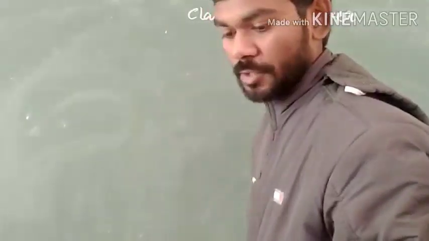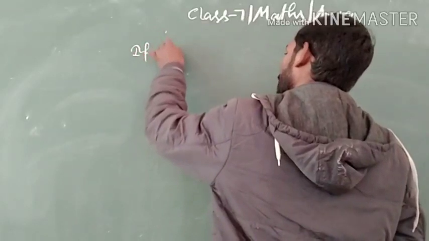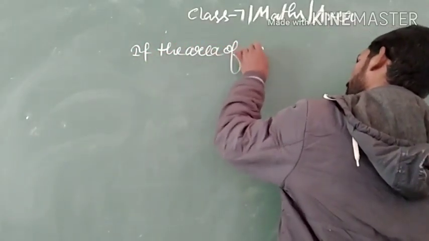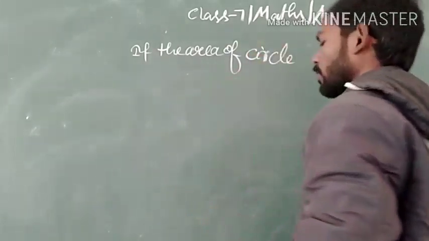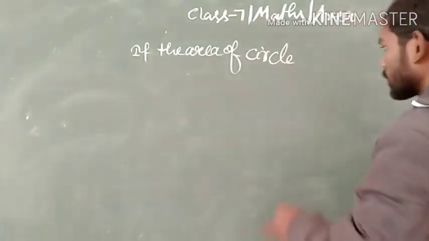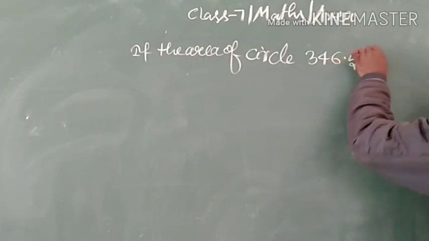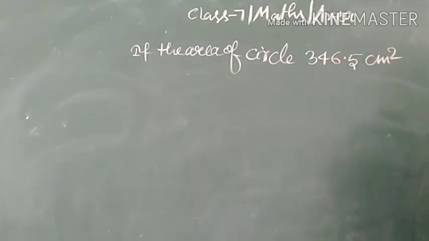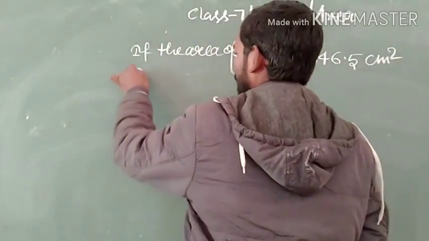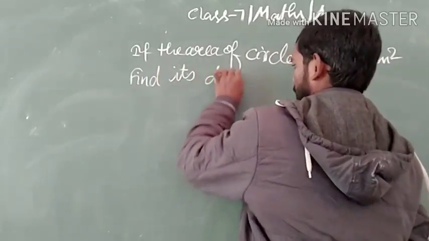The next question is: if the area of a circle is 346.5 centimeter square, then find its diameter.